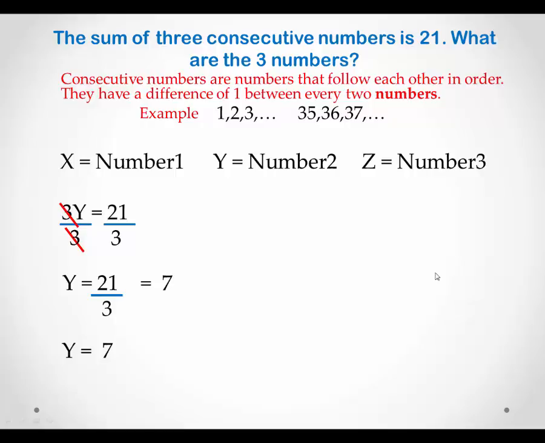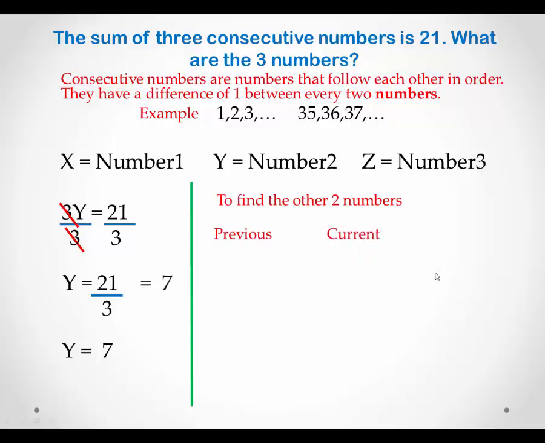Now we are going to set up the numbers in order so that we can calculate these consecutive numbers. To figure out the two other numbers, this is how the setup looks. First, we have the previous number, the current number, and the next number, with the variables set up in that order.